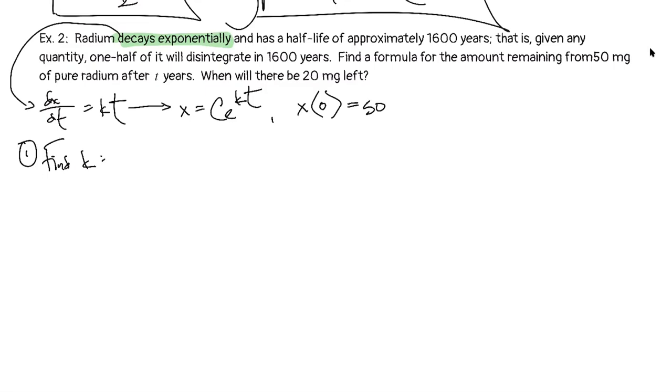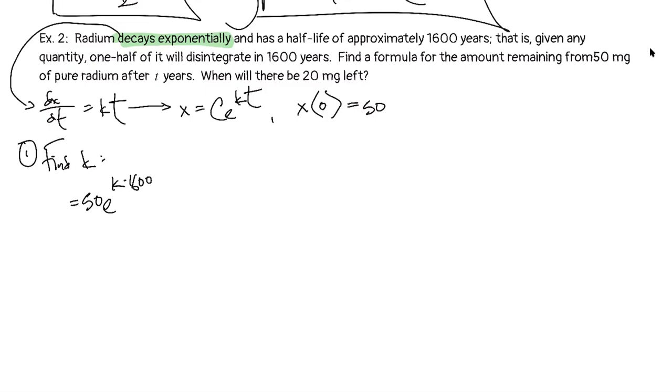And so when we set this up to find our k, we know that 50 is our C, that is the initial amount of radium present. I have e, I have k, and what do I put in for t? 1,600. Yeah, now we're going to use that 1,600, right?